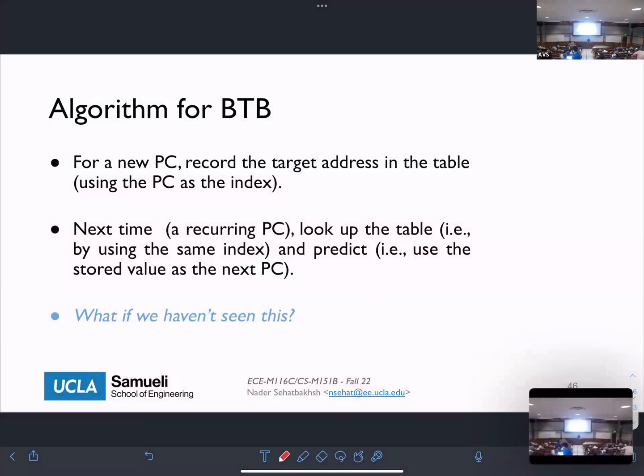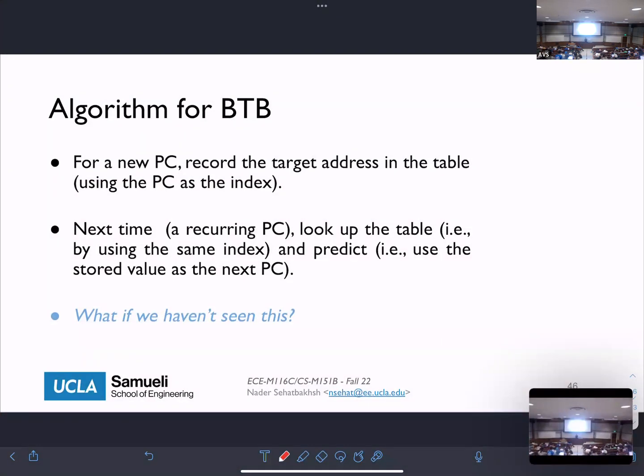Okay. So we now know that we need branch target buffers. So let's go through the details of our branch target buffer. Basically, for our BTB, we are following this two-step simple algorithm.